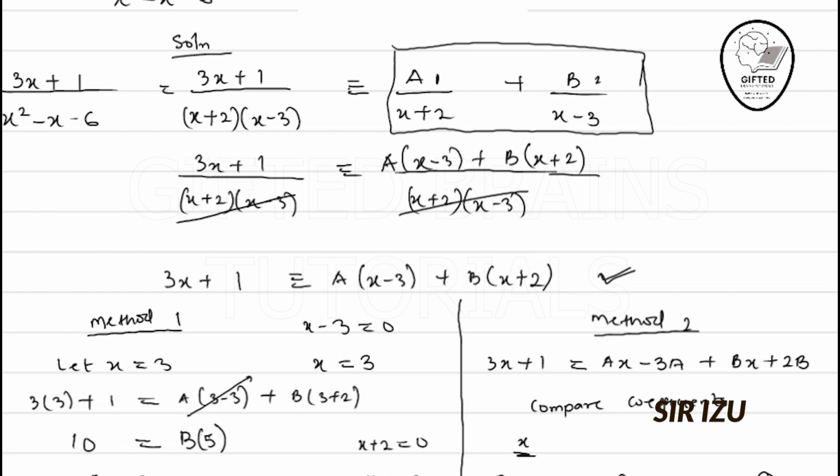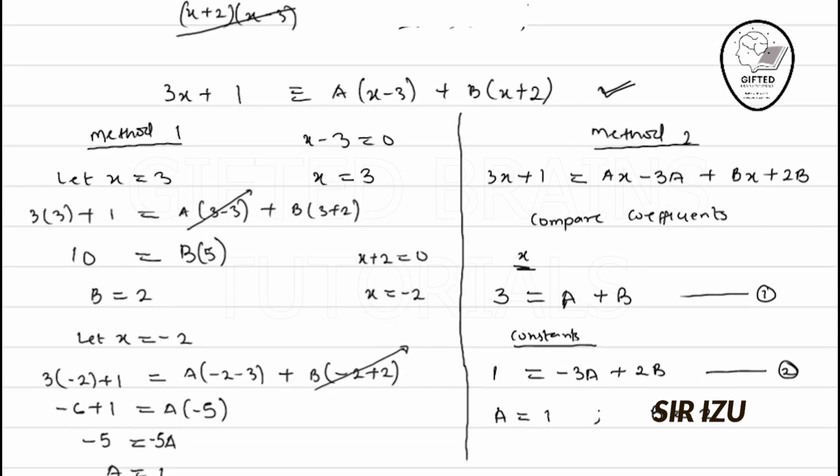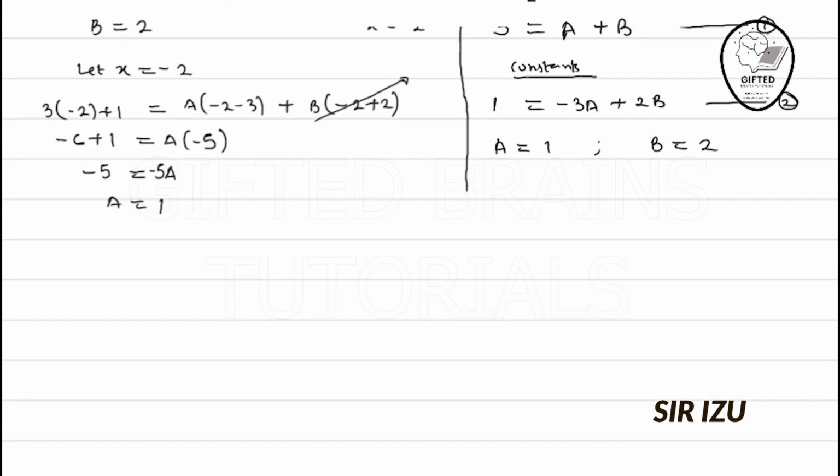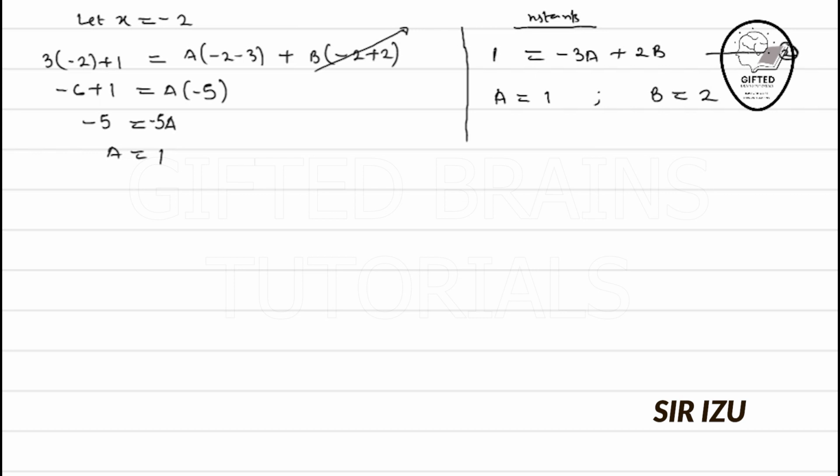That's my final answer. So if I want to write my final answer now, it will be like this. First of all, take the question. The question says 3x plus 1 over x squared minus x minus 6.